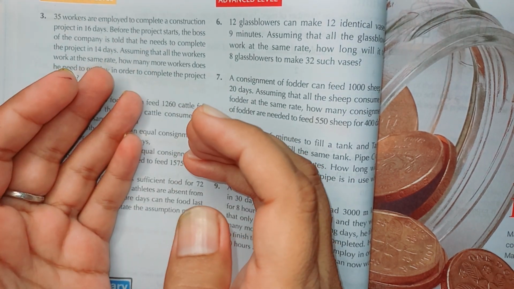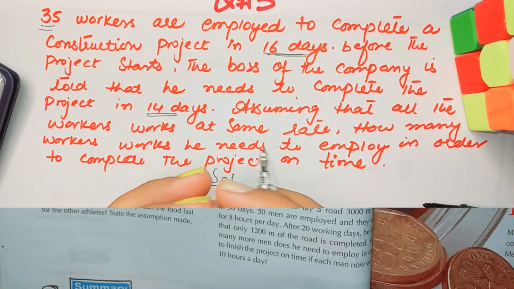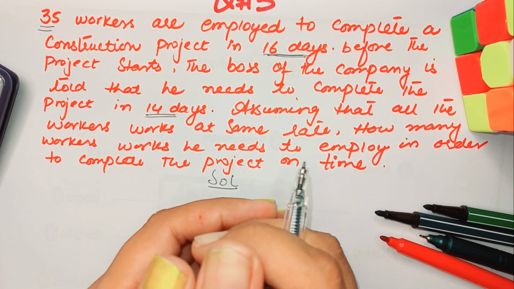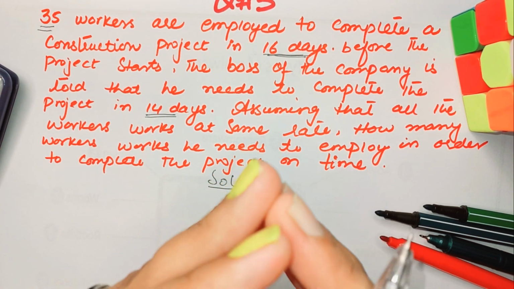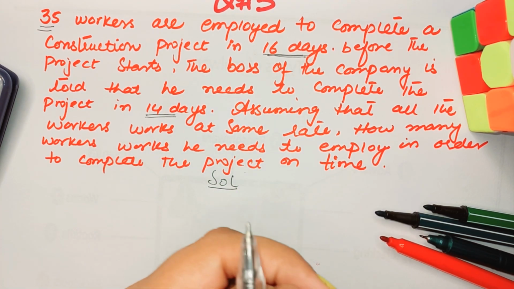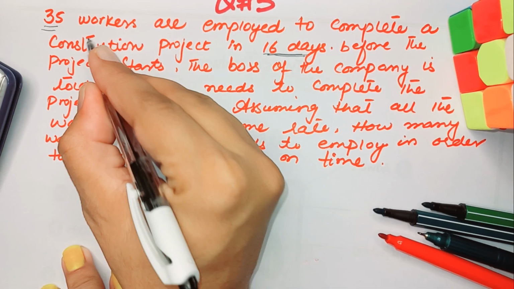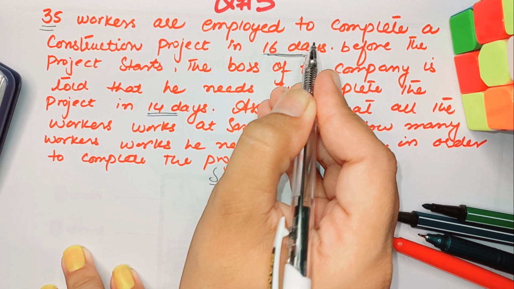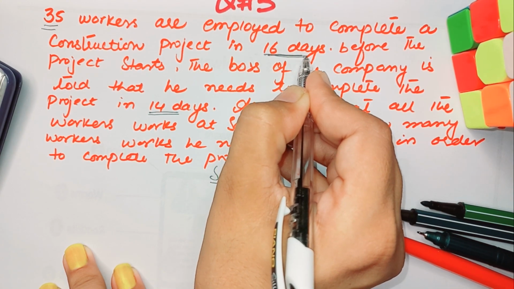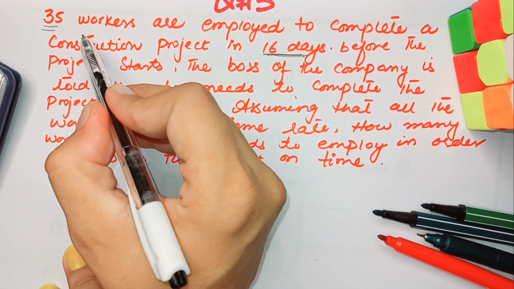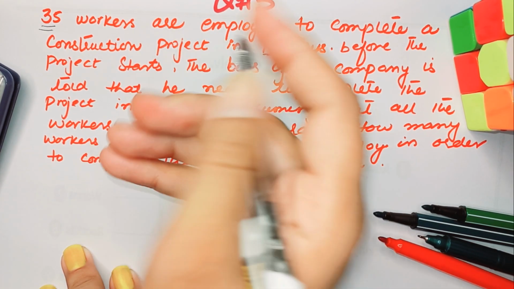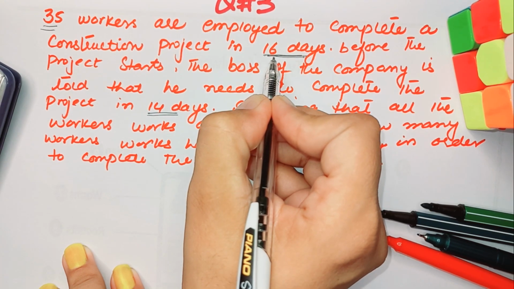So without wasting time, let's start with question number 3. Dear student, first of all, you have to read the statement carefully and understand it. So, 35 workers are employed to complete a construction project in 16 days.